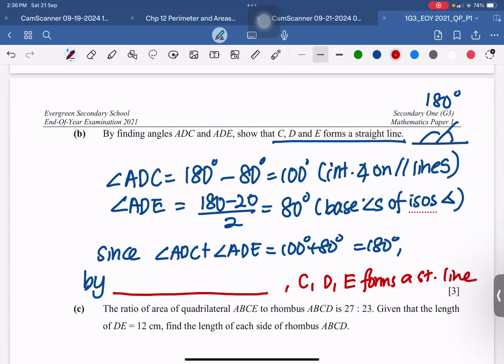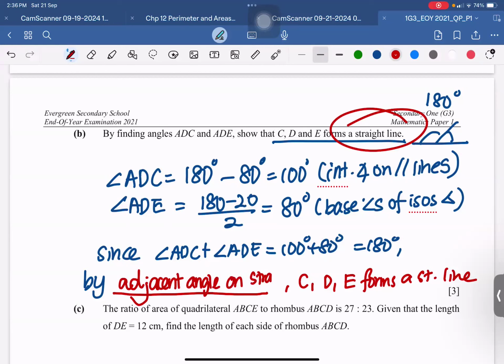Very short form. I give you clue. Nobody tell me the answer? Oh my god. What's the name of the property? Adjacent angles on parallel lines. No. Straight line. Yes. Adjacent angles on straight lines. Okay. All right. So the adjacent angles on a straight line. Therefore, CDE forms a straight line.